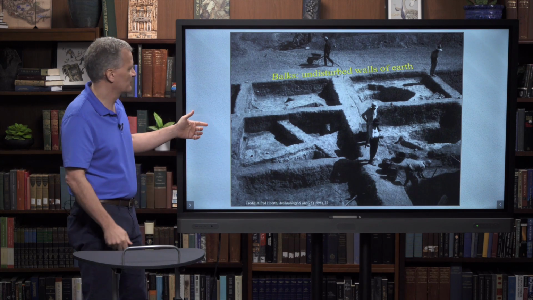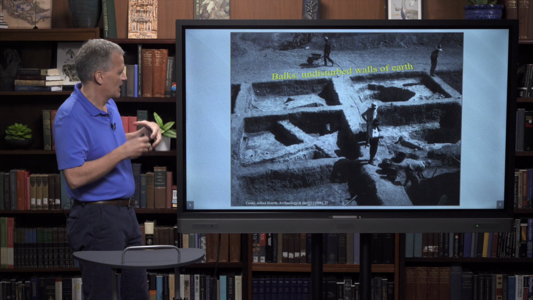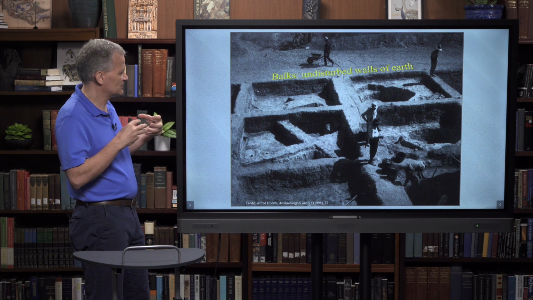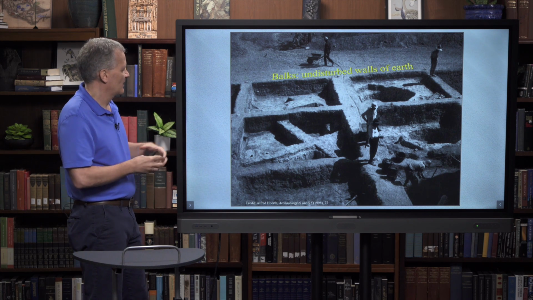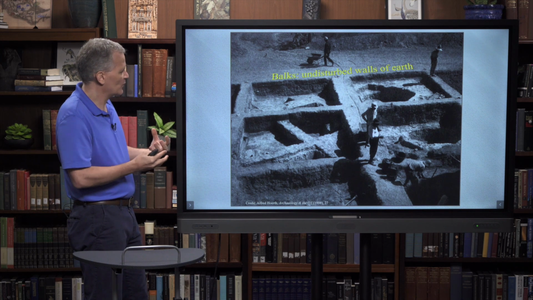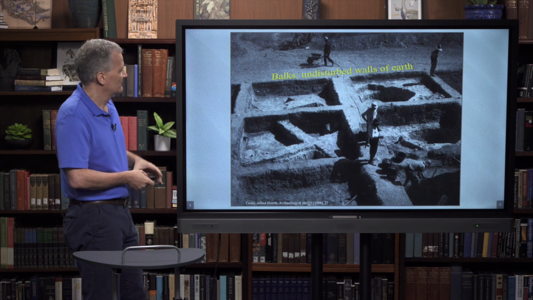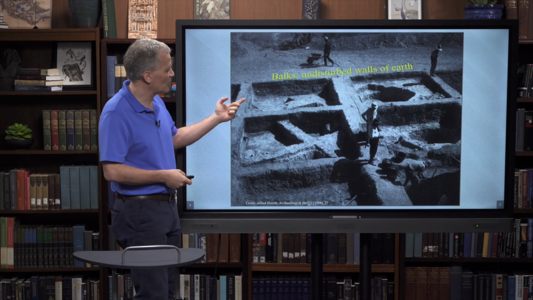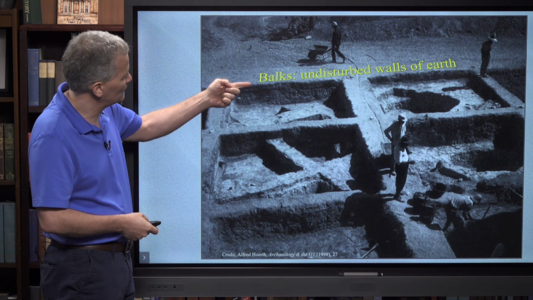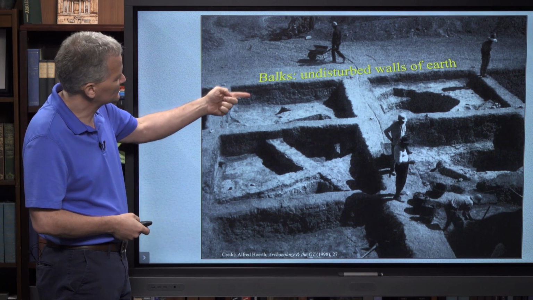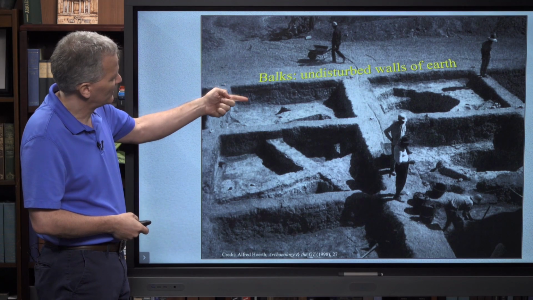Then we have, for example, how this is a great example of how things look when we're excavating, because archaeologists determined that making squares helps us to be able to see well the stratigraphy against the sides of the area of excavation.